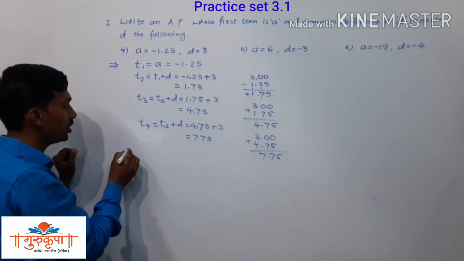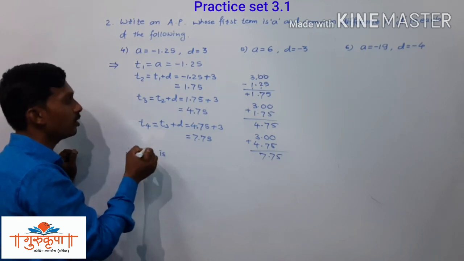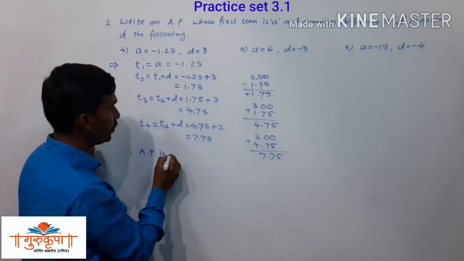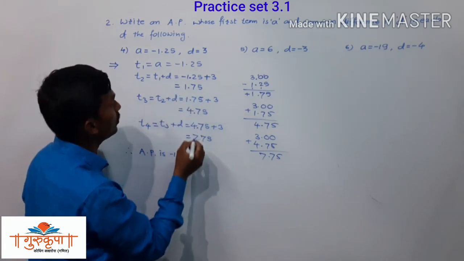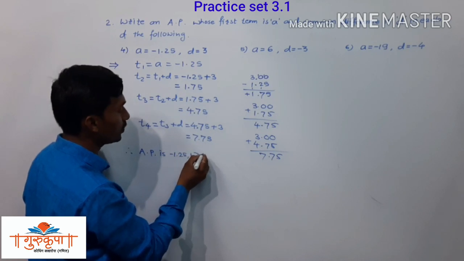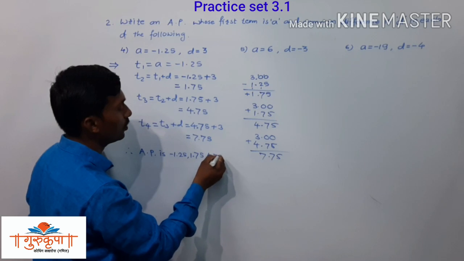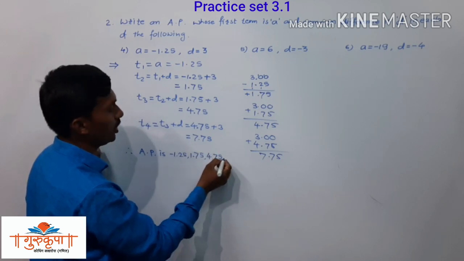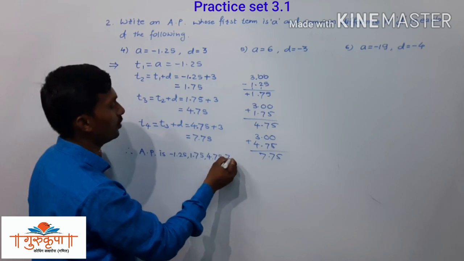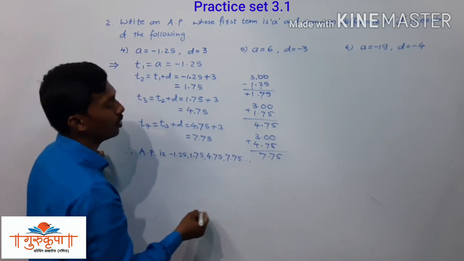So here you can write therefore AP is first term minus 1.25 comma, second term 1.75, third term 4.75 and fourth term is 7.75 and so on.